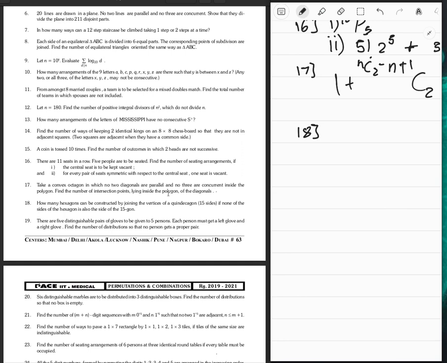Can be constructed. It depends, right? If it's concave or convex, of what is happening. Yeah, I don't know how to answer this. Doesn't it actually depend on whether it's concave or convex? I guess it does.